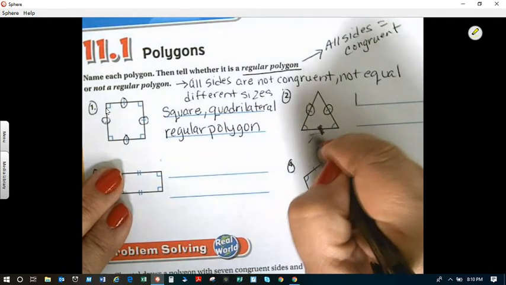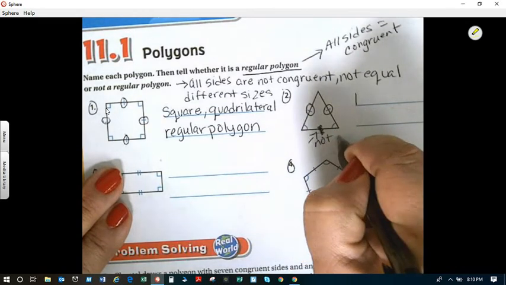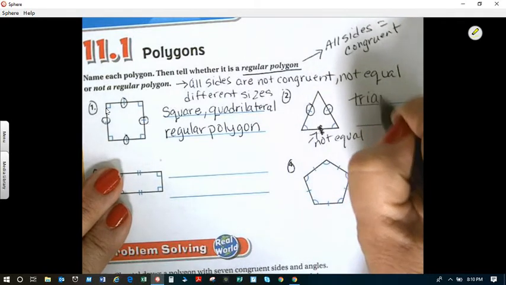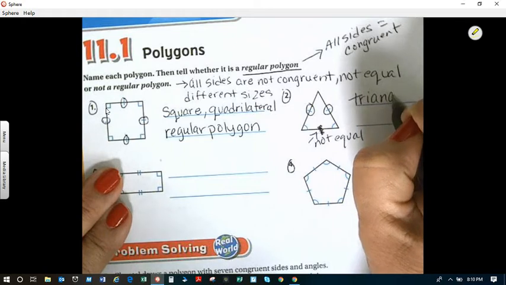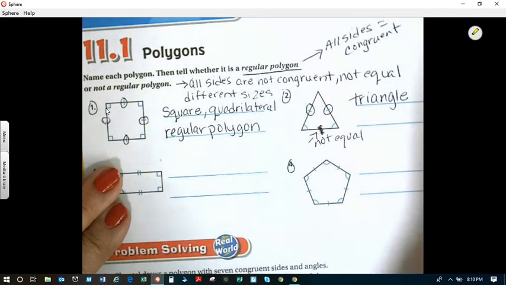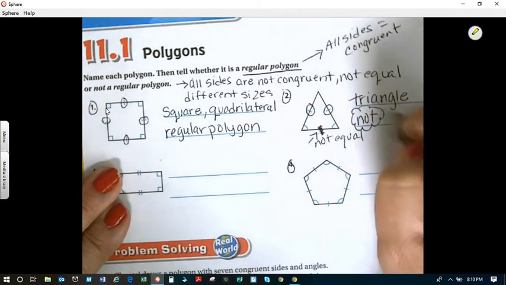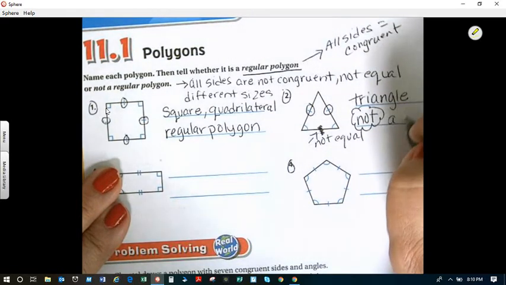So this is not equal. So if they're not all equal, I'm going to call this a triangle. This means that it's not a regular polygon, which is called an irregular.